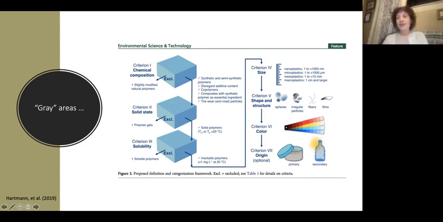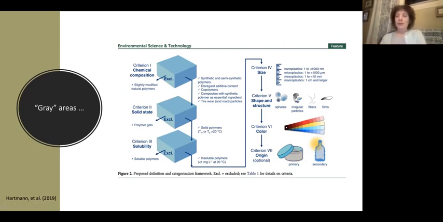And then here they have nanoplastics defined as between 1 and less than 1,000 nanometers, or 1 micron, which is the definition we use in our lab. But some groups use a definition of 100 nanometers and below being a nanoparticle. And then you have microplastics, which are 1 to 1,000 microns, which is different than NOAA's definition, which goes up to 5,000.